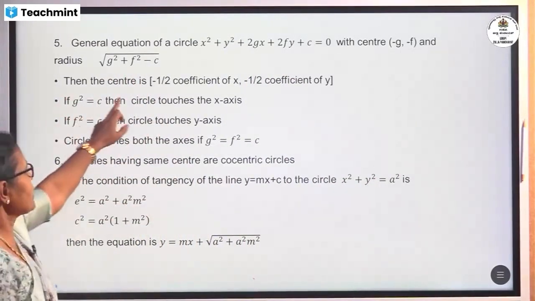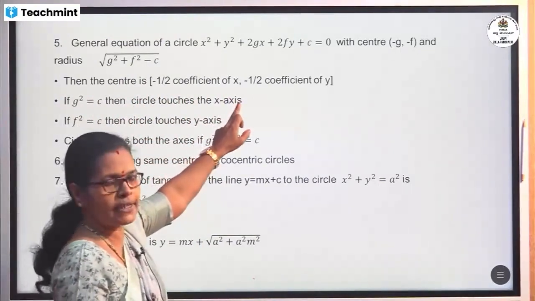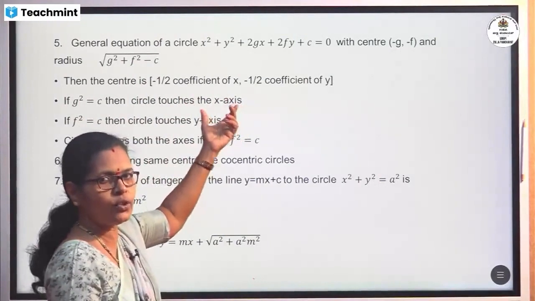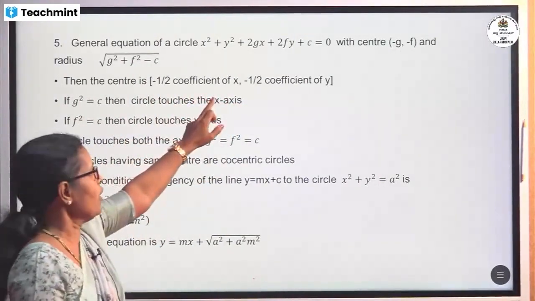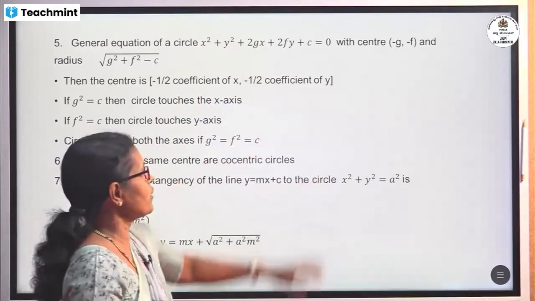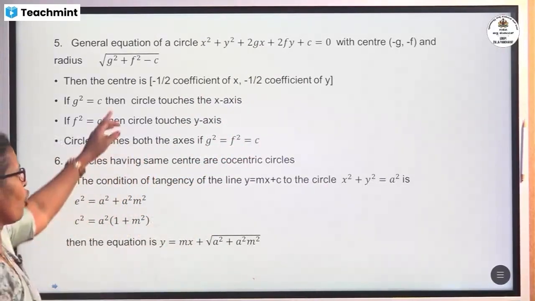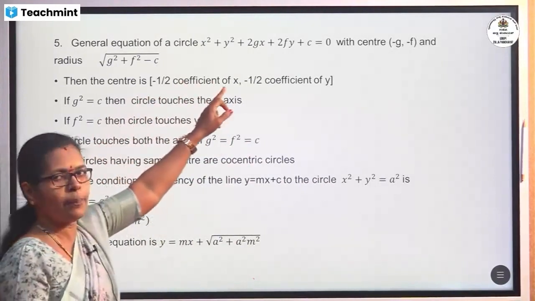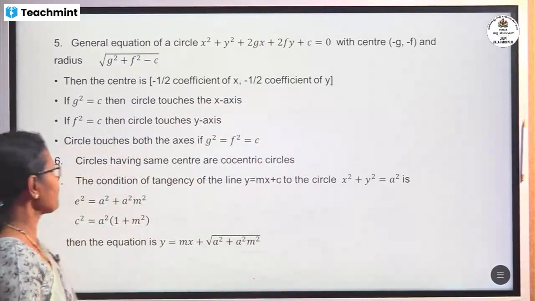Then the center is minus half of the coefficient of x. Easily we can find the center using this formula: minus half of coefficient of x, comma, minus half of coefficient of y, when the equation is in the general form, x square plus y square plus 2gx plus 2fy plus c equals 0.